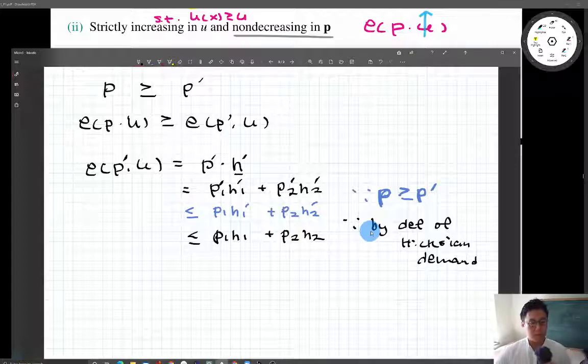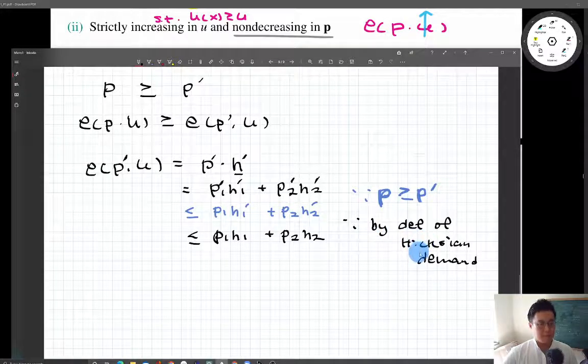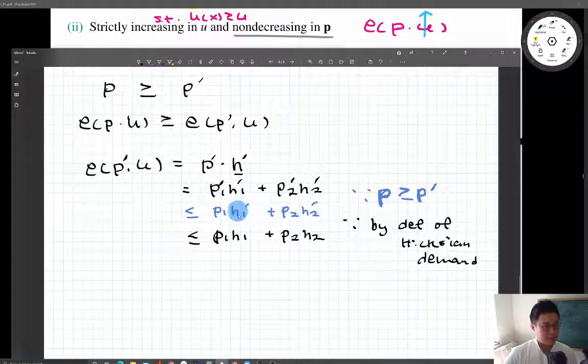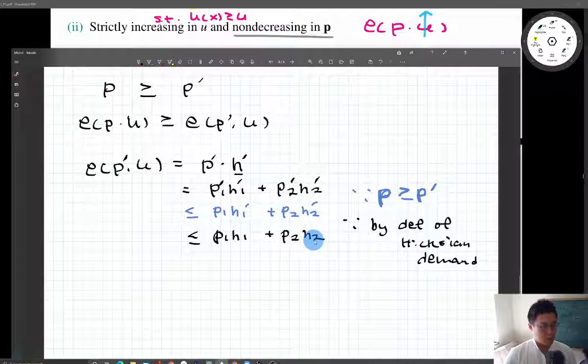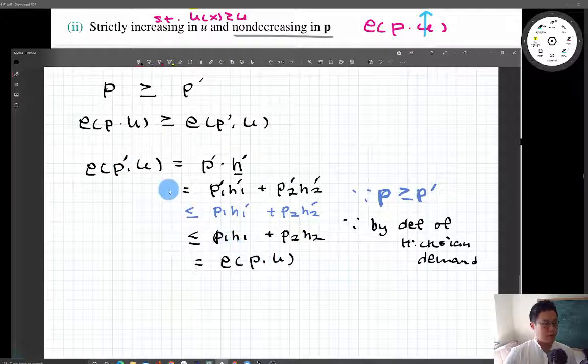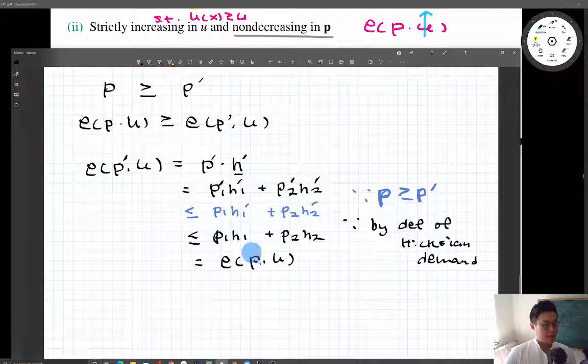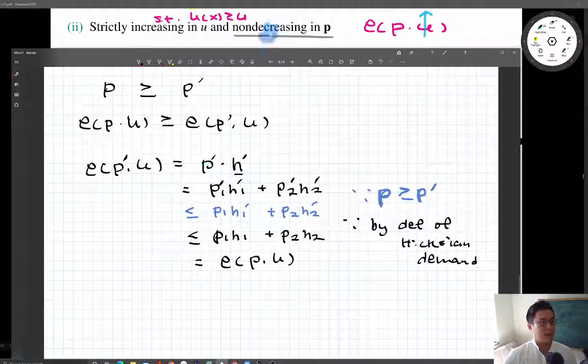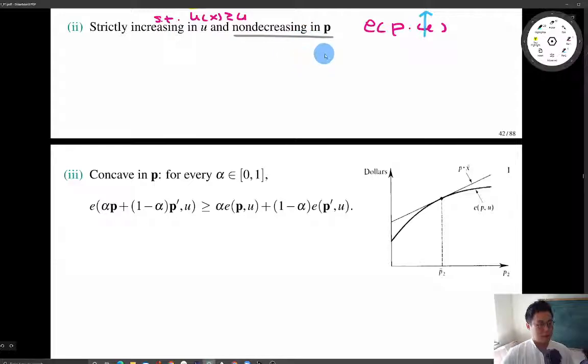It tells us the most efficient, cost minimizing way of obtaining the target utility U. That is the definition of expenditure function under price vector P. So we proved the fact that the expenditure function is non-decreasing in the price vector. I think this is doable.